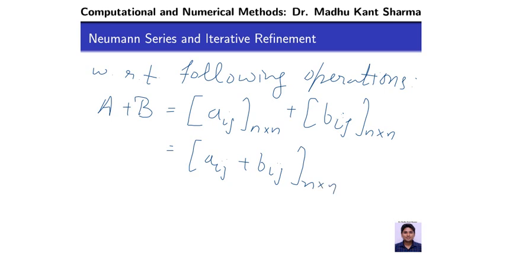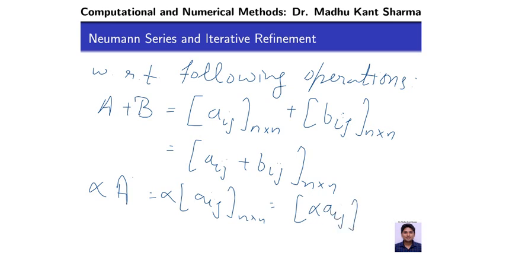Scalar multiplication: alpha A is defined by replacing every element by alpha times Aij.